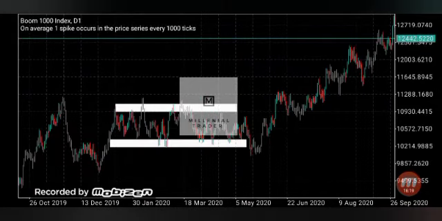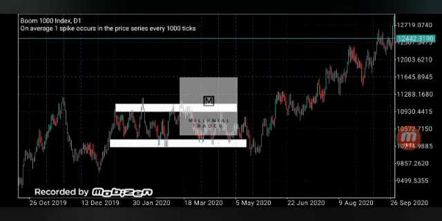I said a ranging market is easily identified when you see a horizontal support and a horizontal resistance. The market is basically bouncing in between them, so it is enclosed within a box. This is our horizontal resistance and this is our horizontal support.